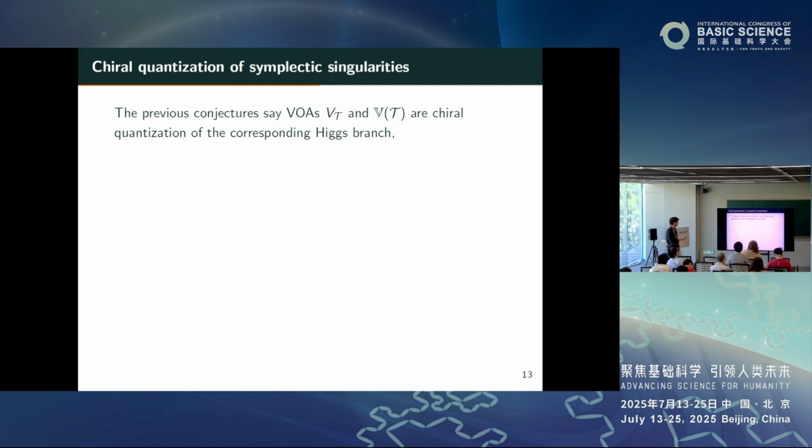Previous conjectures by physicists say that the vertex operator algebras coming from 4D, the twisted 3D boundary VOA or others, are chiral quantizations of the corresponding Higgs branch or Coulomb branch, which is supposed to be a symplectic singularity. So these vertex algebras are all chiral quantizations of some symplectic singularity. You can ask what kind of properties these vertex algebras have.